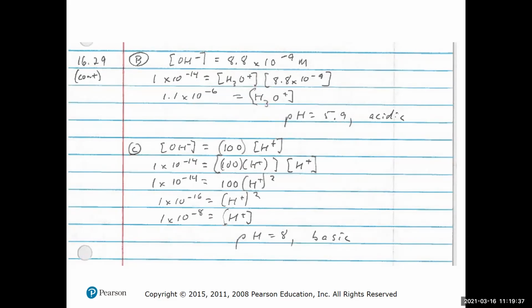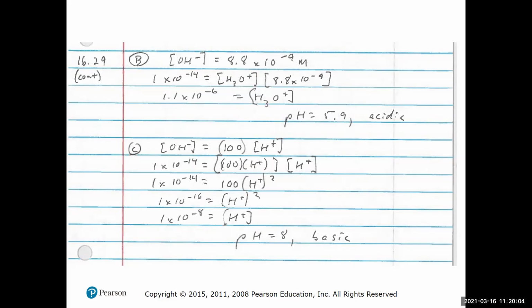And so we leverage that to define it so we only have one variable, which is hydrogen ion concentration. We can go ahead and then solve for hydrogen ion concentration, and we get 1 times 10 to the minus 8. If we take minus the log of that to put that into a pH form, we see that the pH is 8, and so it's a basic solution.